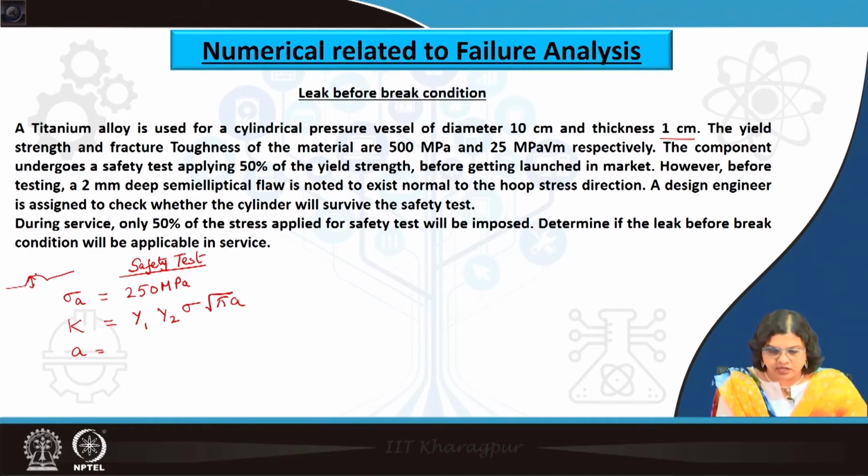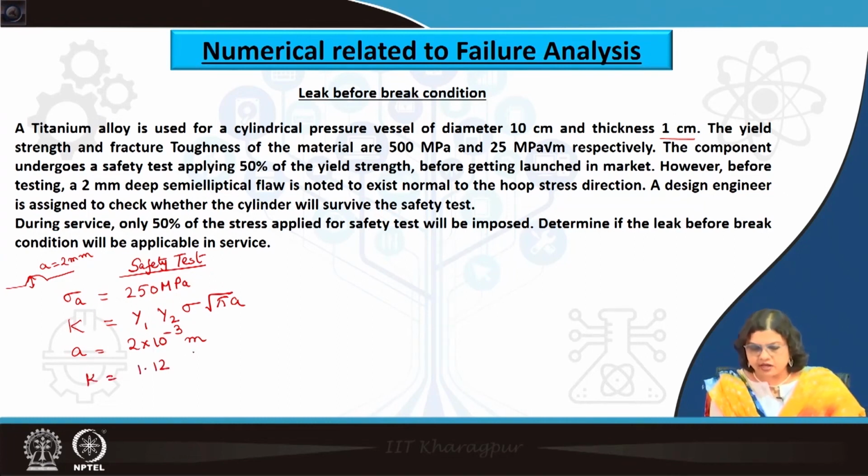So, this is given as a equals 2 millimeter, so 2 into 10 to the power of minus 3 meter, and that leads to Y1 as 1.12 because we are having a surface crack, and then Y2 is 2 by pi because it is an elliptical one, and then we have sigma which is 250 MPa and pi into 2 into 10 to the power of minus 3.